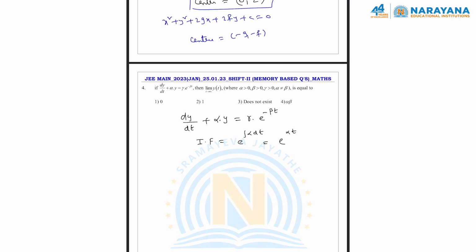Now what will be the solution of this differential equation? y times the integrating factor is equal to the integral of γe^(−βt) times the integrating factor dt. So y·e^(αt) = γ ∫ e^(−βt)·e^(αt) dt, since γ is a constant and I take it outside.